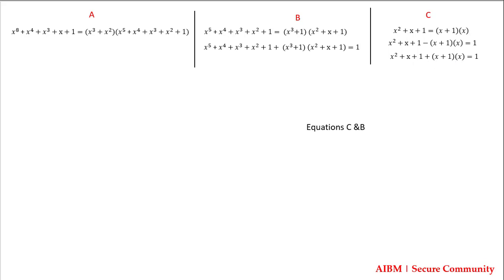Then we will start with the first two equations, equation C and equation B. We will multiply these equations first with the main equation of B and then with the remainder.